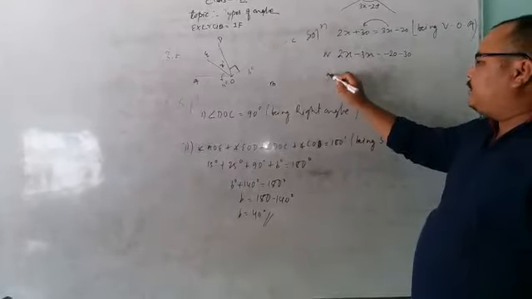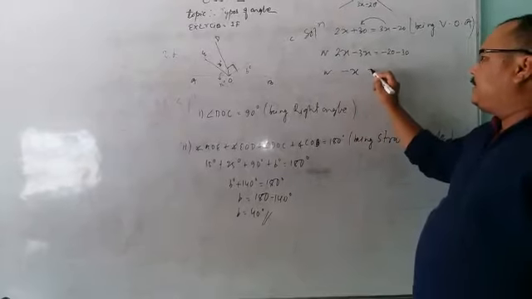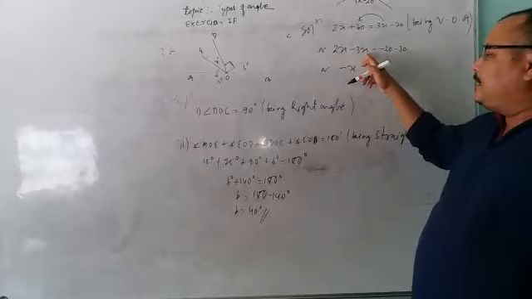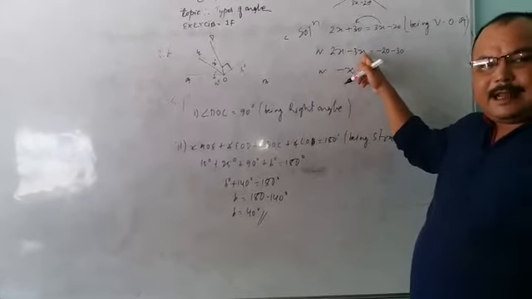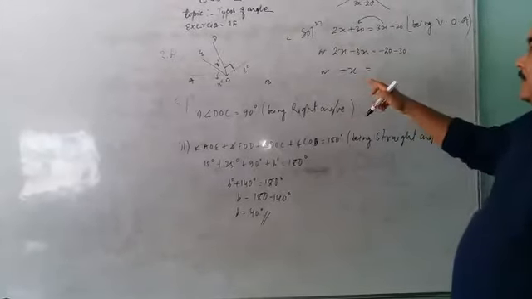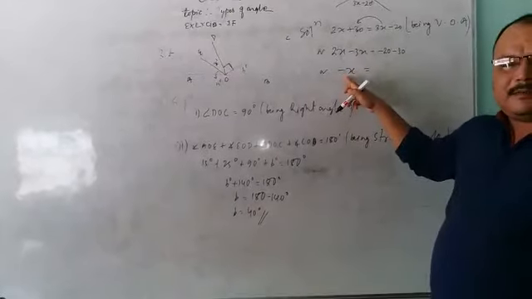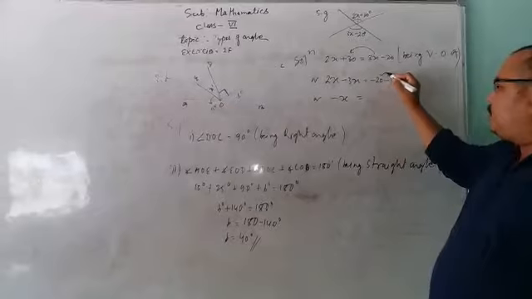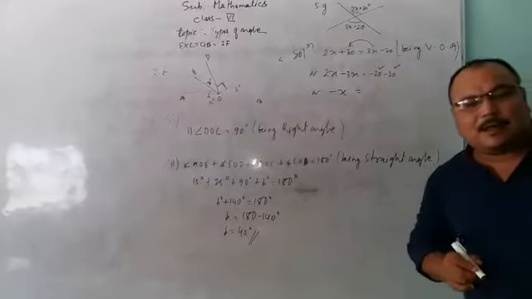The difference: 2x minus 3x is equal to minus x, because the minus variable is greater than the plus variable. So minus x remains. Here both constant numbers have the same sign.